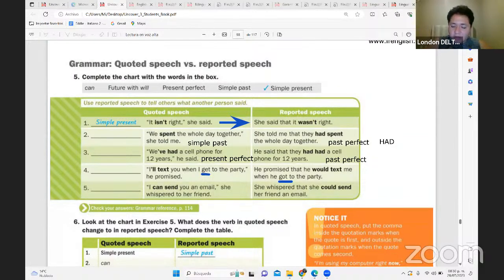Ok, ahí tiene Angie su ejercicio. No, Dante. Ok, Emanuel. Carla.